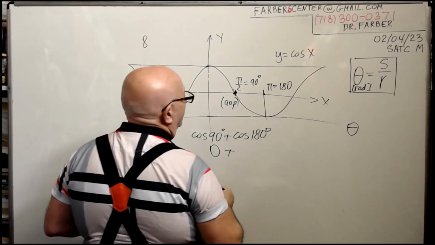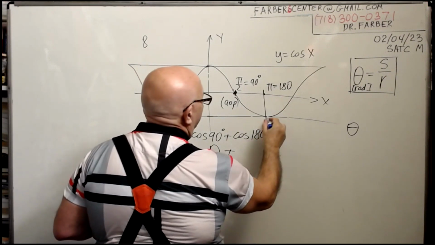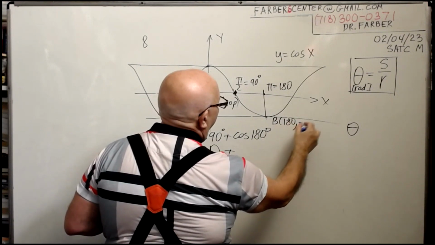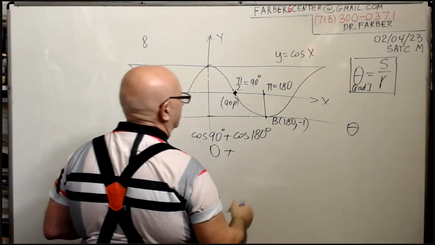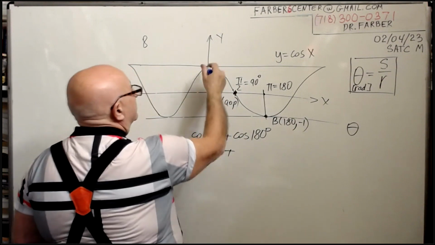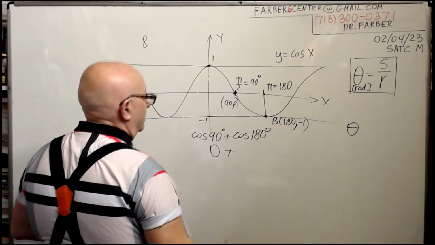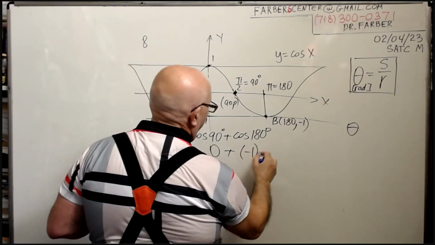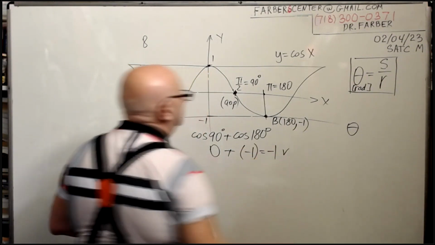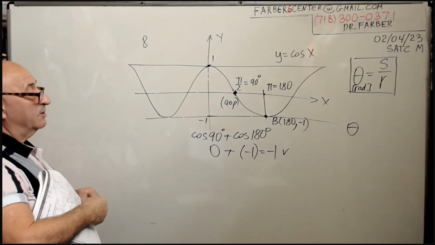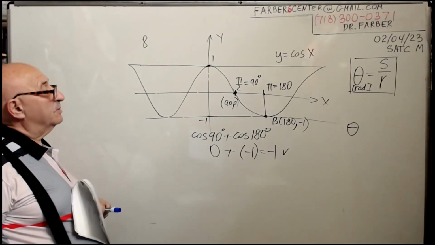Coordinate of this point is 180, -1. Because this is 1, this is -1. 0 plus -1 is -1. It's writing more than solving. It's also a few second questions, right, students?